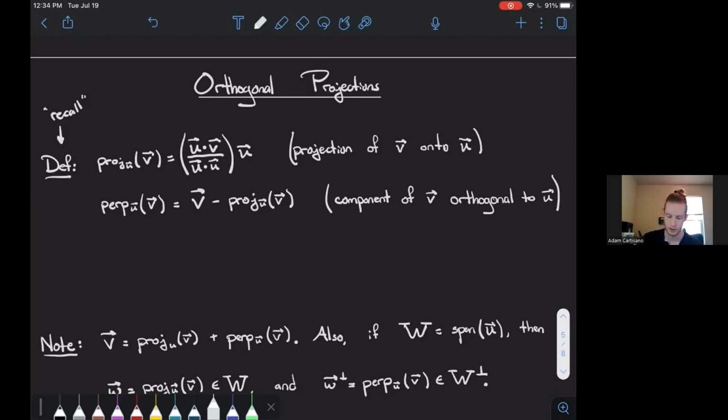In other words, take u, span it outward, take any vector v, and then just take the part of v that lives along u. That little vector right there is proj_u(v).